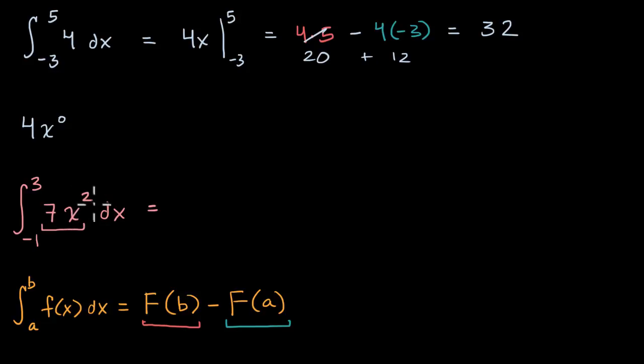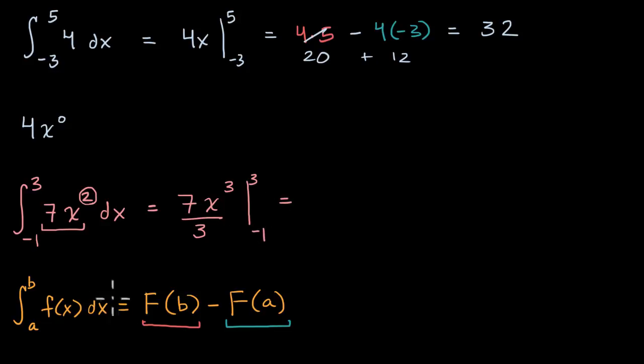Well, the reverse power rule, we increase this exponent by 1. So we're going to have 7 times x to the third, and then we divide by that increased exponent. So 7x to the third divided by 3. And we want to evaluate that at our upper bound, and then subtract from that it evaluated at our lower bound.